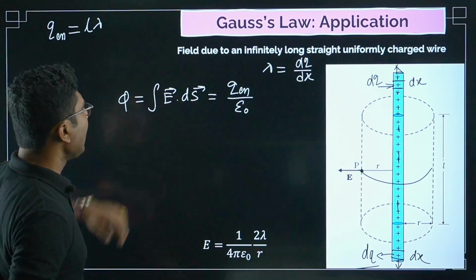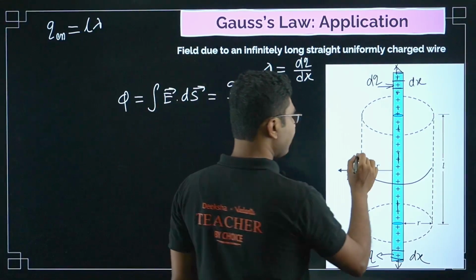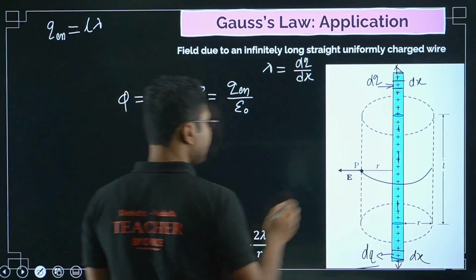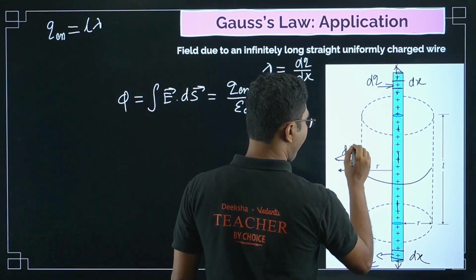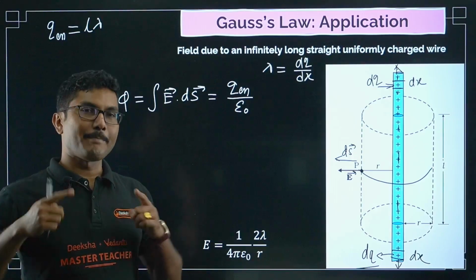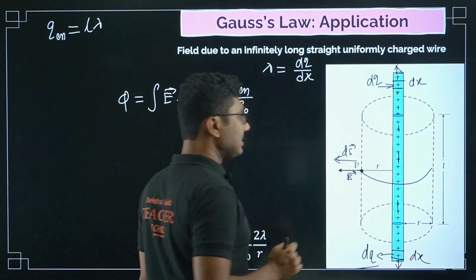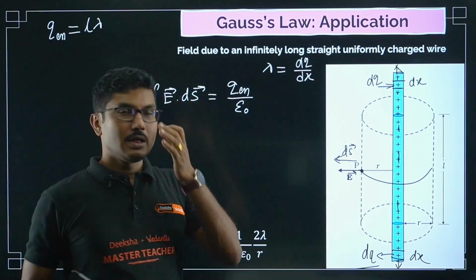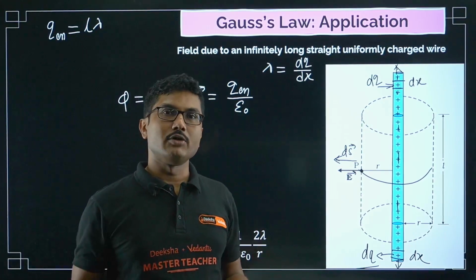So the electric field will be the same in magnitude, and at each and every point, if you consider ds, what is the direction of ds? Here at this point, ds is in this direction. So ds and the electric field are basically parallel. Parallel means theta is 0, so cos theta will be 1.